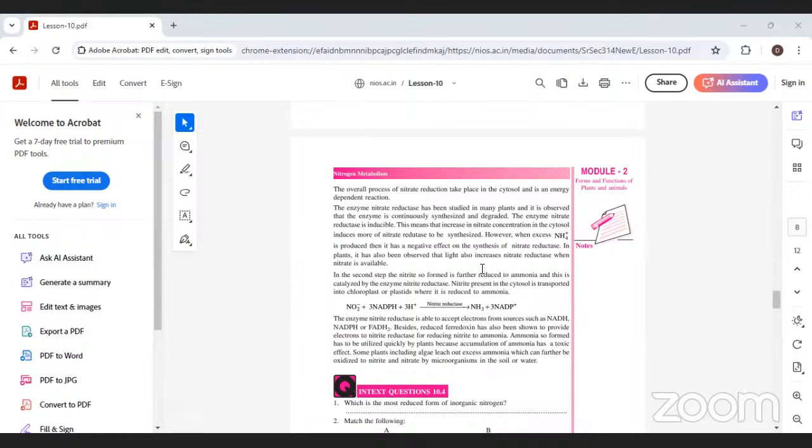NO2 plus 3 NADH plus H plus, with the enzyme nitrite reductase, gives NH3 plus NAD plus.